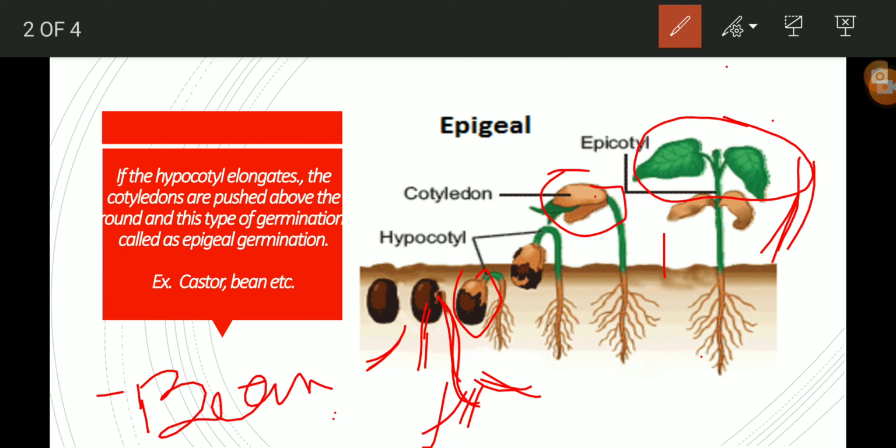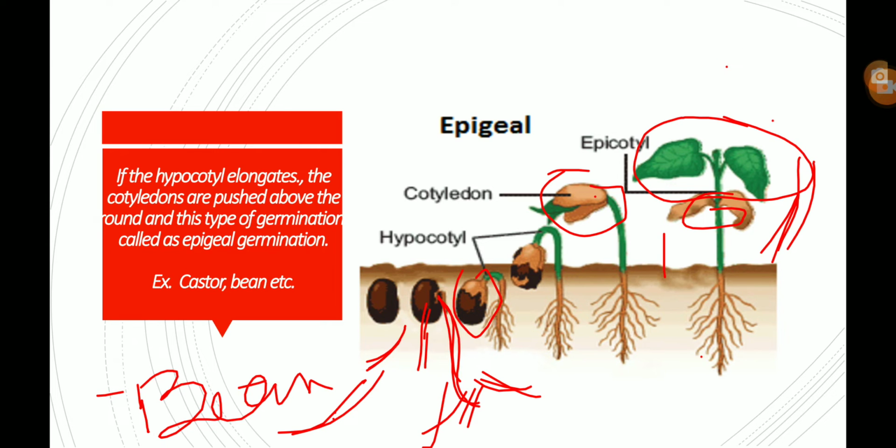This will grow up, the cotyledons will after that dry up, meaning they will dry and fall off, and the plumule will grow and form the first leaf. So this type of germination is known as epigeal germination, for which I have given you the example of bean seed. Okay, this is clear. So this was about epigeal germination.